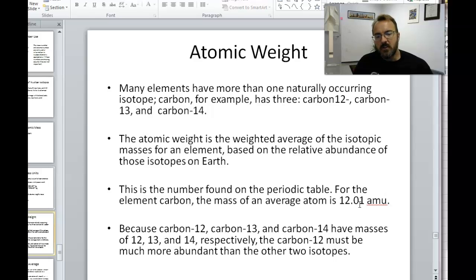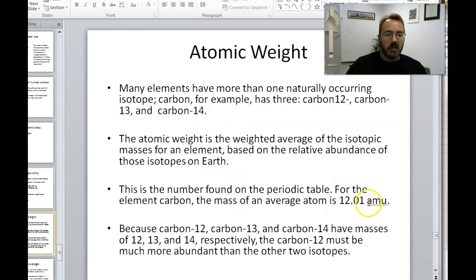We're going to have a way of calculating the averages. It's basically like what you guys are used to when you calculate an average, and I'll show you how it's related to that. But you have a little bit more work to do to calculate this. So just to give you one really simple example, you have 3 different isotopes for carbon: carbon-12, carbon-13, and carbon-14. And we want to find the average of these.